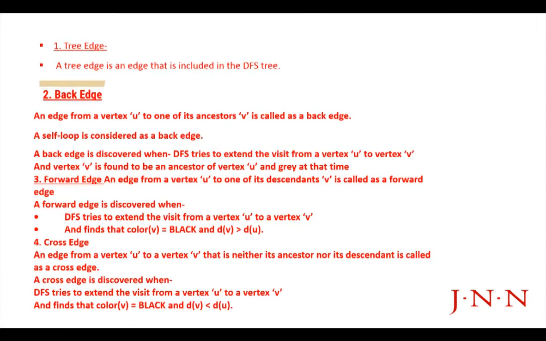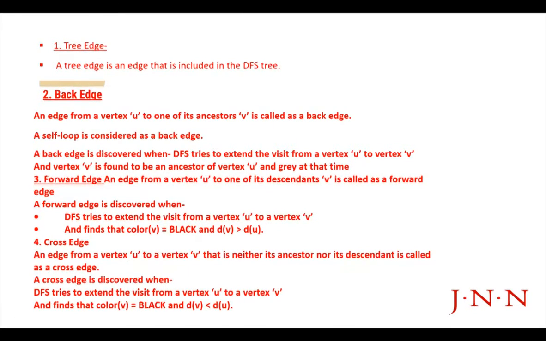A back edge is discovered when the depth first search algorithm tries to extend the visit from a vertex U to vertex V, and vertex V is found to be an ancestor of vertex U, with its color gray at that time. Next is the forward edge.